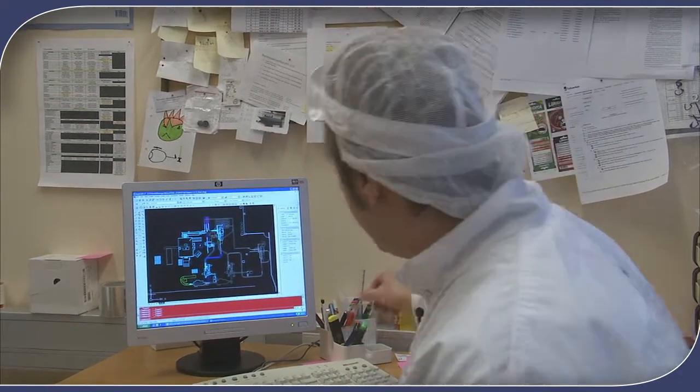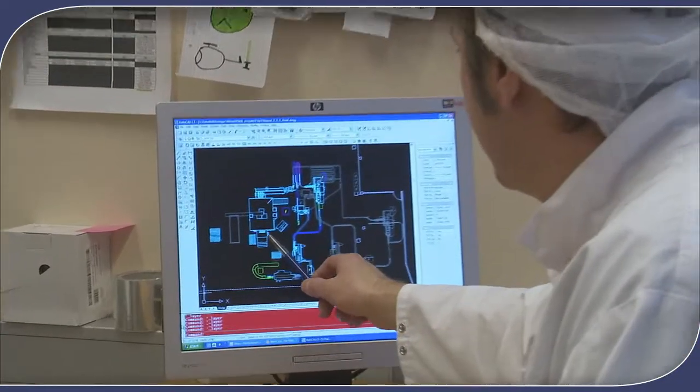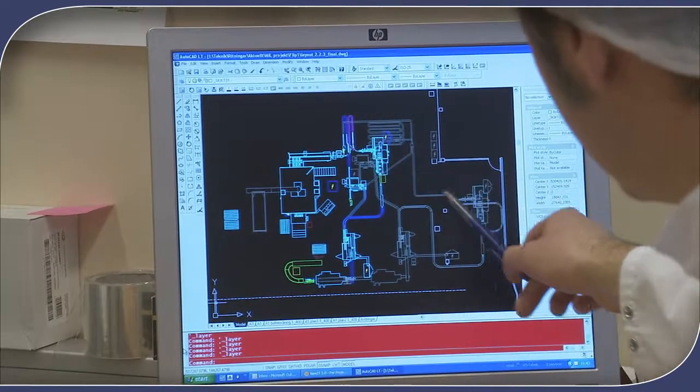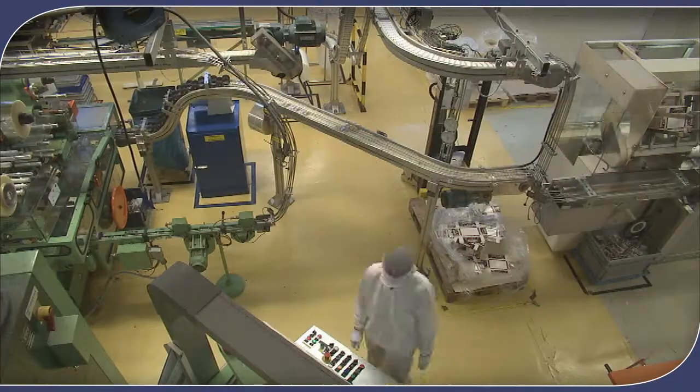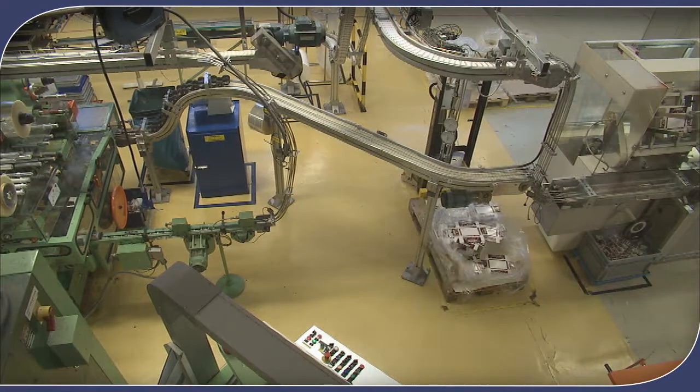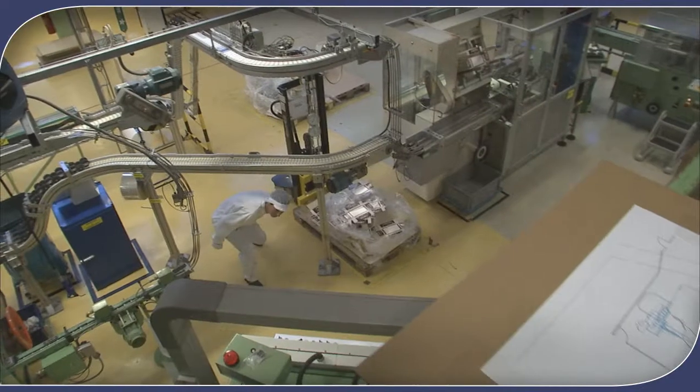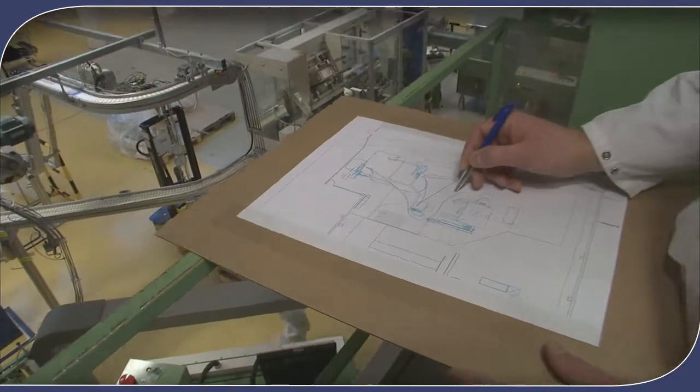What we learned from the first day's spaghetti diagrams was that the operators move a lot in this layout. All over the place, from here, over here, here, back again, here, always moving, and this is not creating any value for the customer.